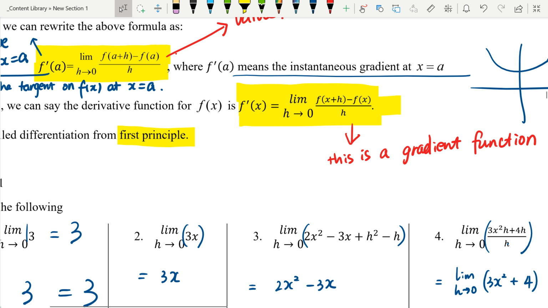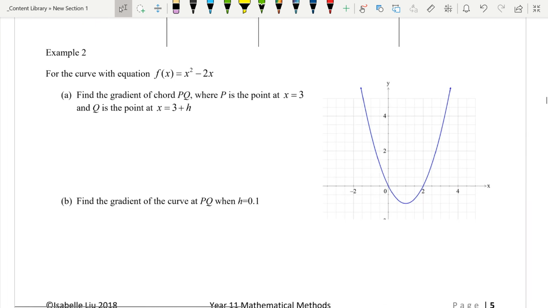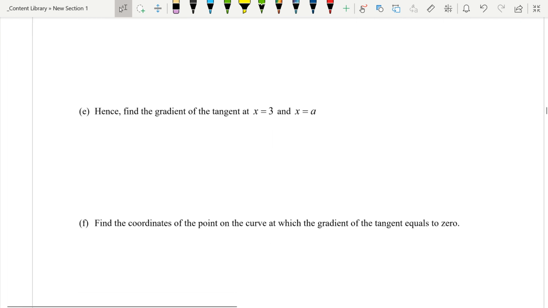Okay, so this is first principle. First principles help you to work out the gradient function. One example. Well, let's not talk about example 2 yet, it's a long one.